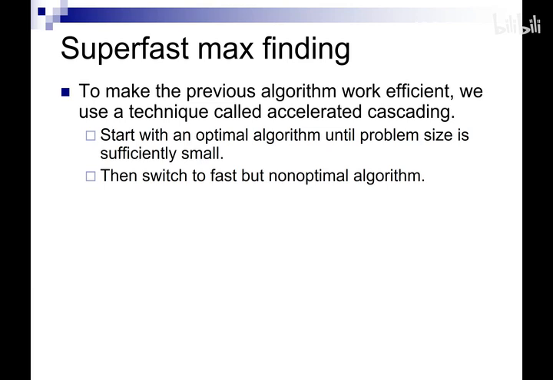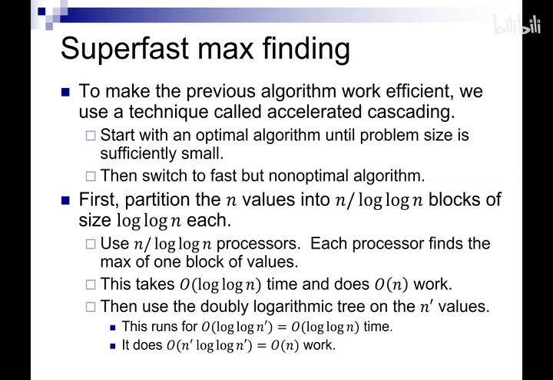Once the problem size gets to be very small, you switch to a very fast algorithm, which is not necessarily work efficient. So you start with a somewhat slower algorithm which is work efficient, you keep applying it, and it subdivides the problem until the problem size gets small. Then you finish up with this very fast algorithm, which is not work efficient.